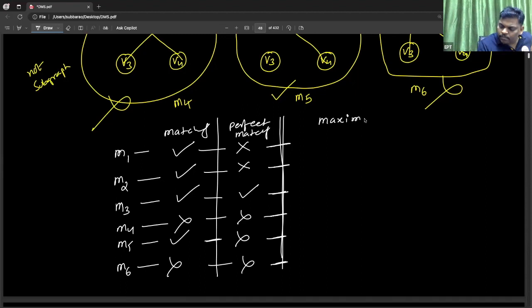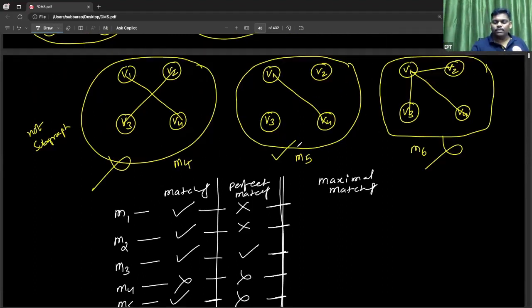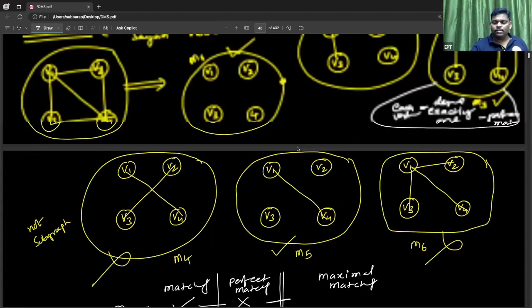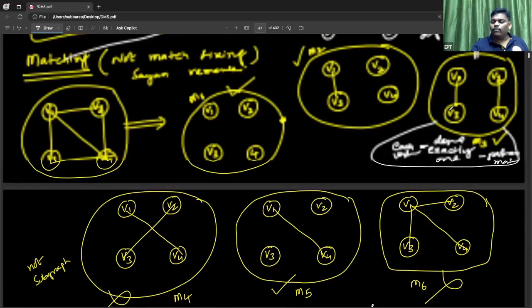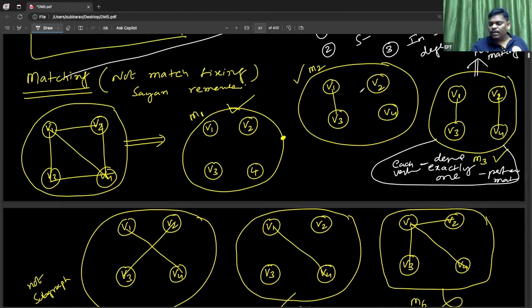Maximal matching. What is the meaning? I will explain. Everyone observe. In the M2 matching, can I add one more edge without violating the matching property? Can I do it or not?